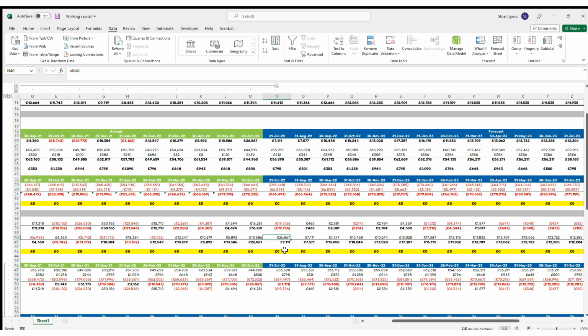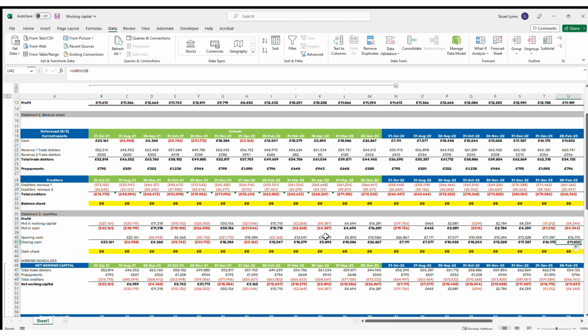We add that to our opening balance of our forecast, which is obviously the closing balance of our actuals. We add them up and then just pull that along. And that's doing exactly the same thing every single time, taking your net working capital movements, adding it to your closing balance. We plug that back into that cash line, then back into our forecast from our cash flow, and your balance sheet balances.